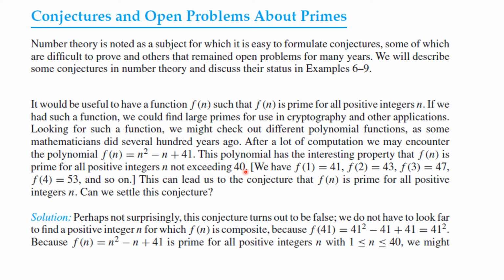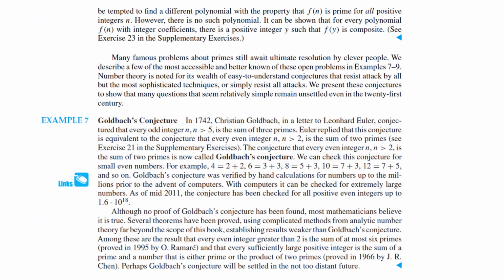But it doesn't work for everything, because f(41) is equal to 41 squared, so it isn't prime. In fact, it can be shown that for every polynomial f(n) with integer coefficients, there exists an integer y such that f(y) is composite. So what we do know is that there's no such polynomial. There may be a function somewhere, but it's not a polynomial.